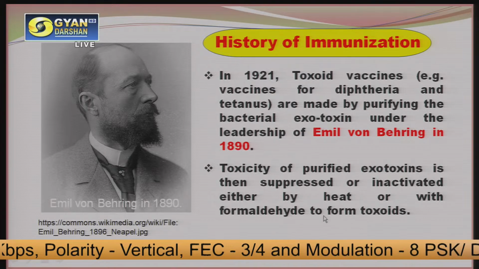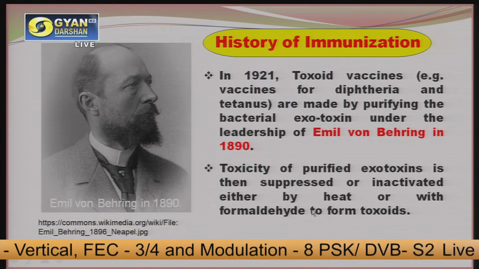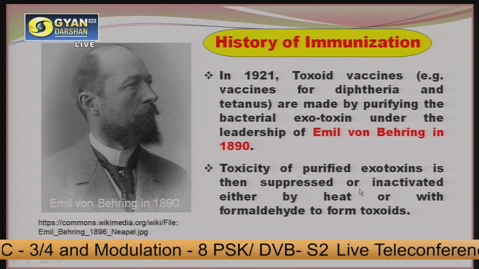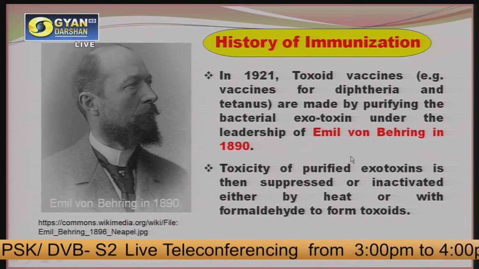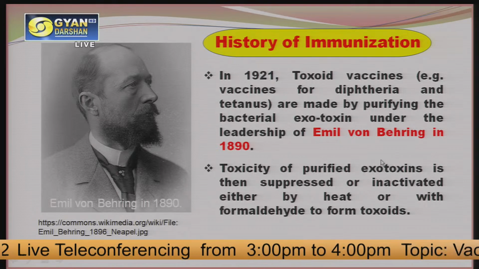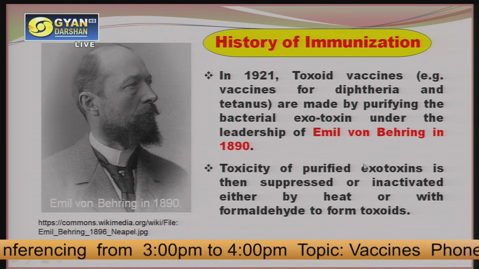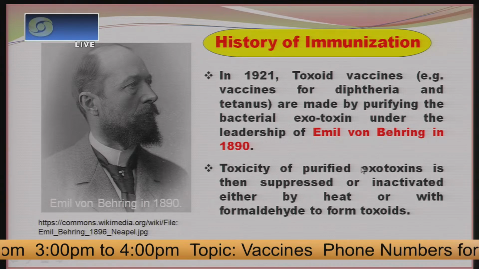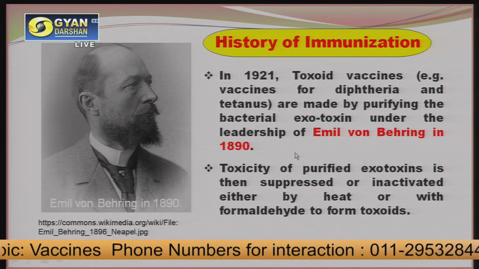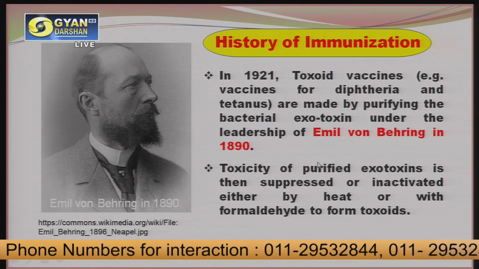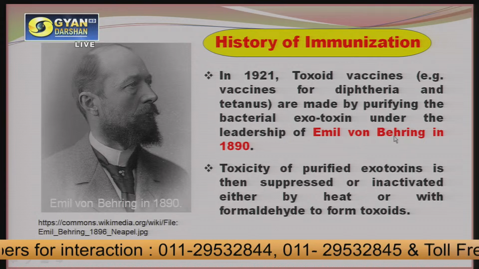Basically, in those days, formaldehyde or heat was used to inactivate the toxin, or the purified exotoxin, and then we can utilize it as a vaccine. It is a remarkable experiment given by Emil von Behring.